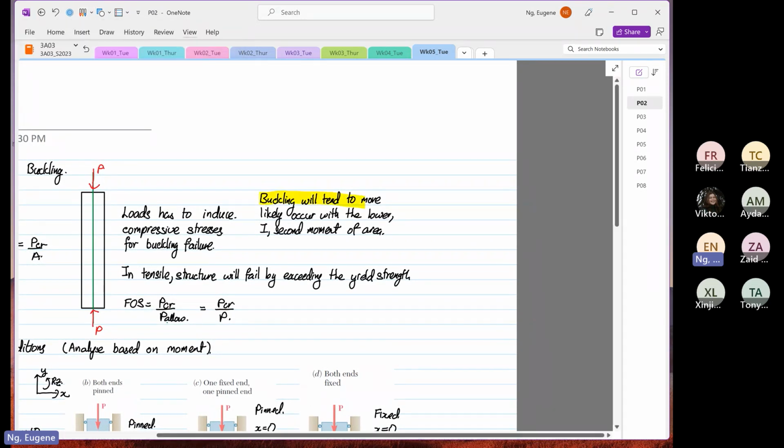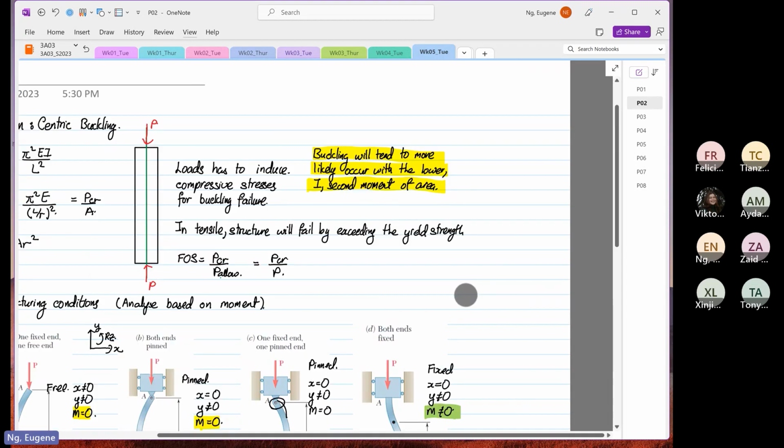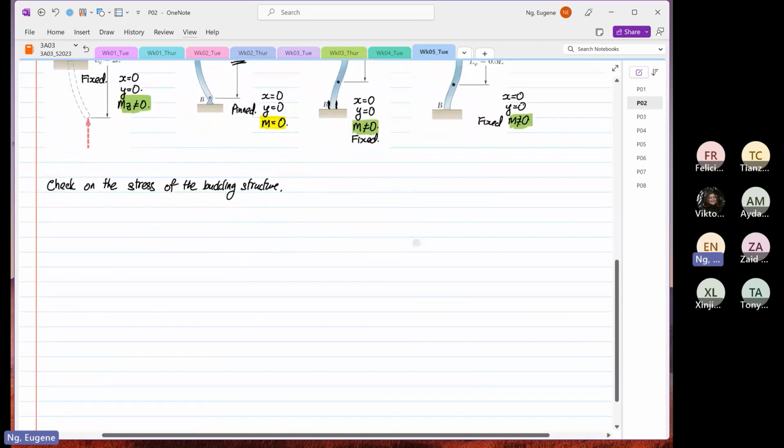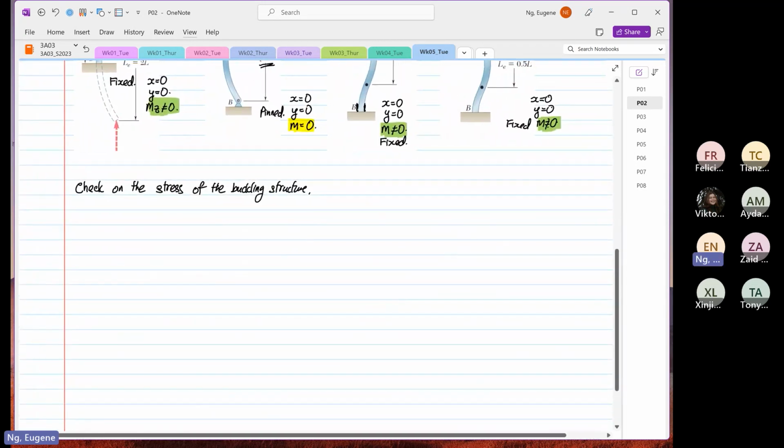Buckling will more likely occur for the lower I, which is the second moment of area. So we all need to check. We don't have the opportunity over here, but this is one of the things that you put in when you're doing more examples. Okay, right. So the next topic or subtopic that we are going to look at.